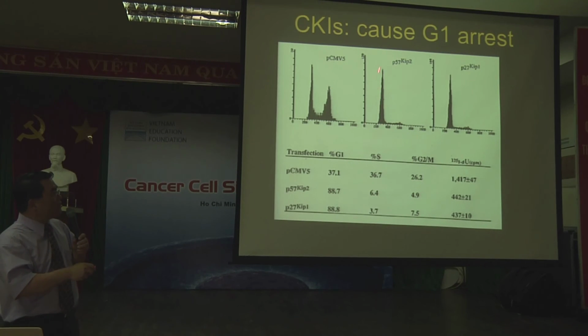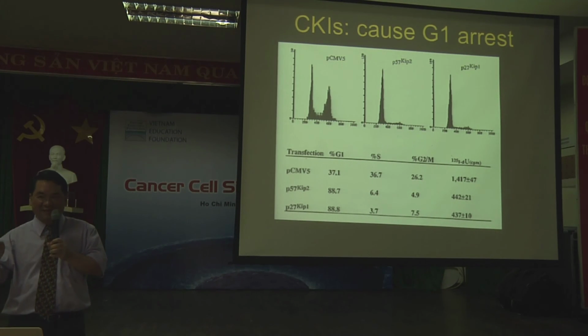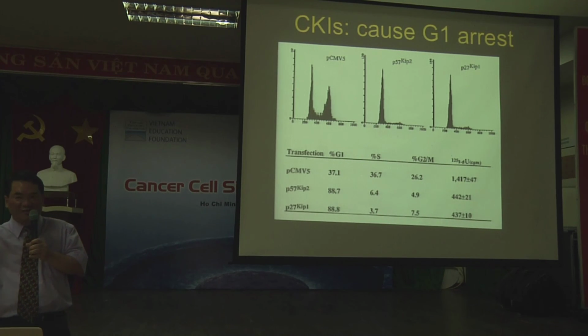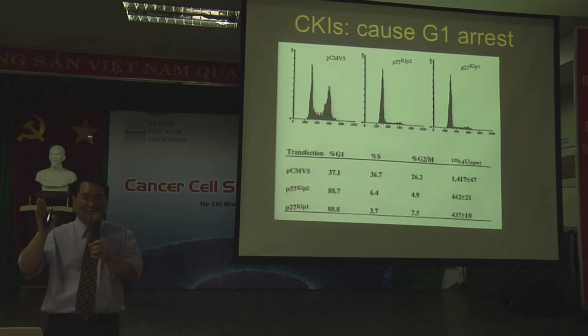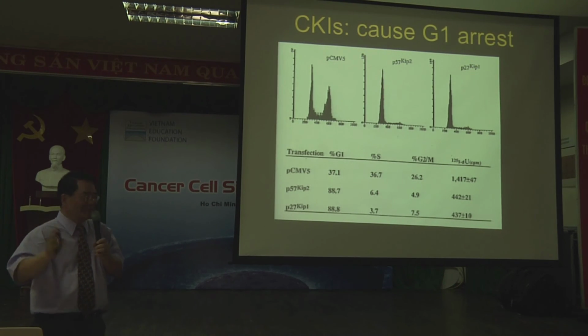Right now you see only one peak show up, but not the second peak, right? So only one peak shows up, we call it G1 arrest, because P27 and P57 were able to stop the cell from progression into the DNA synthesis or going to the mitosis phase, okay?